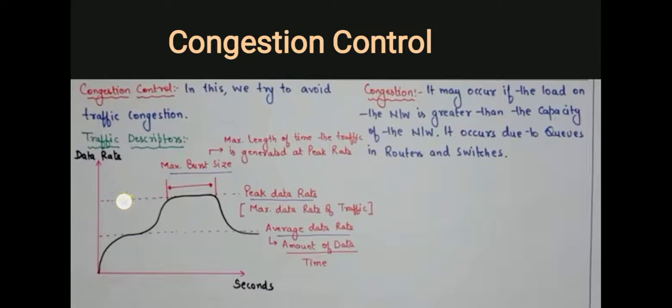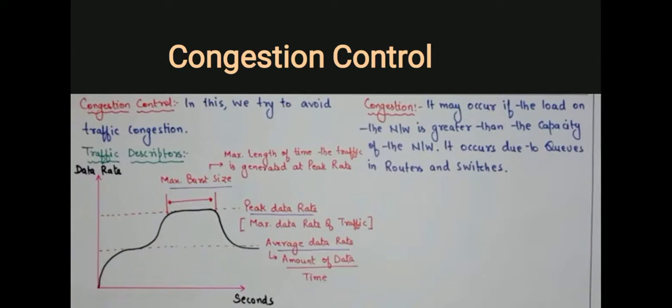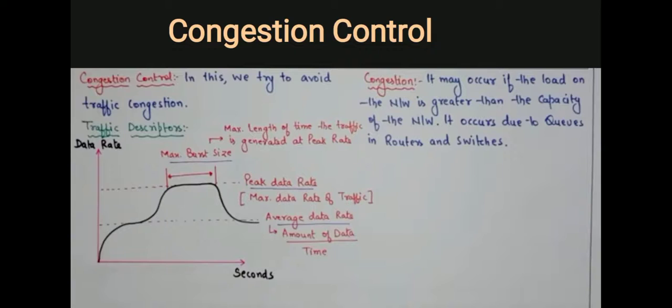one diagram I have drawn over here. This is a traffic descriptor. So what is meant by traffic descriptor? The traffic descriptor is nothing but the maximum number of packets transmitted over the network, which we call the data rate. Different types of packets are transmitted over the network.